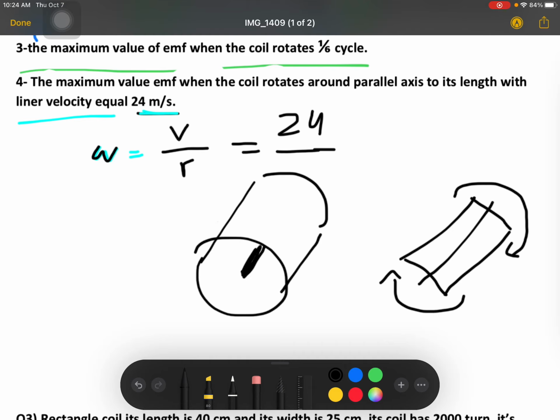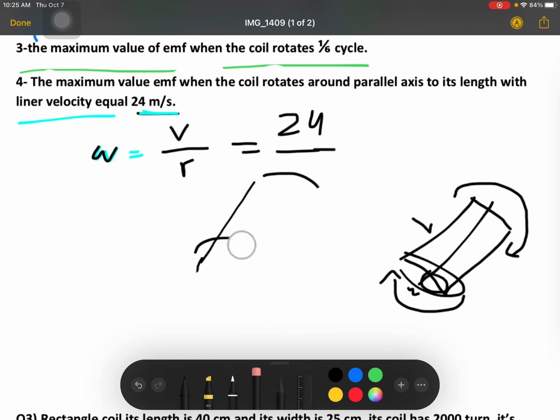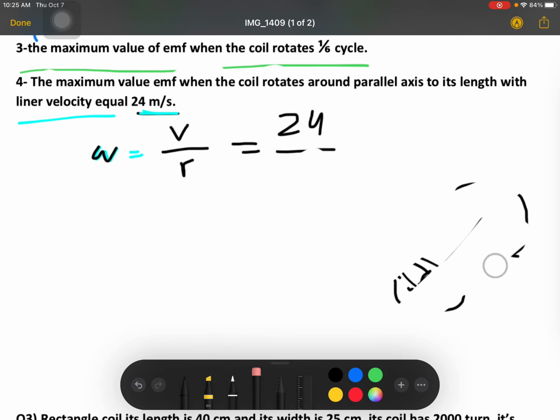So the radius will be what? The radius will be half of the width. This is the length and this is the width, so the radius will be half of the width. In this question the width was 0.2, so the radius will be 0.1.